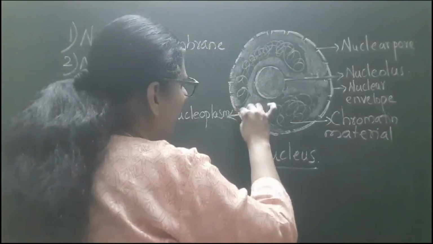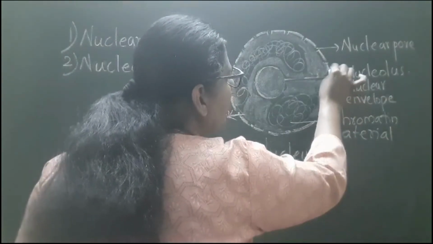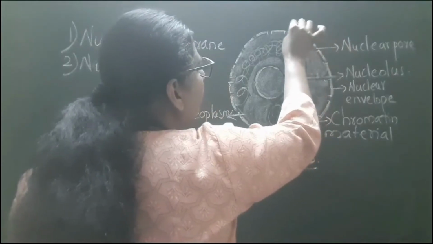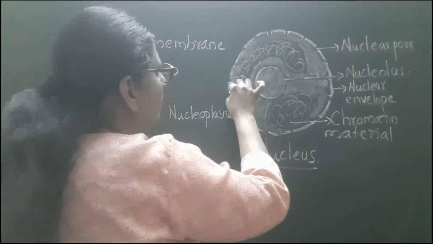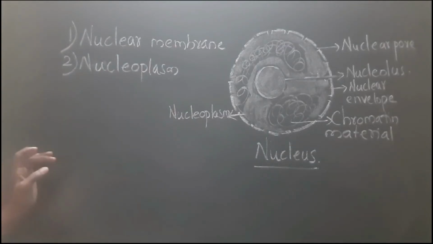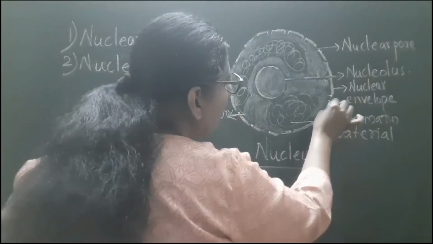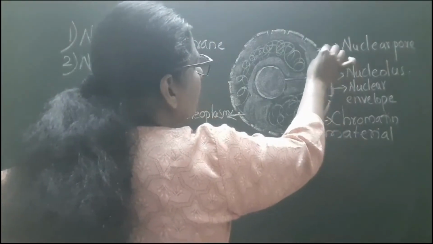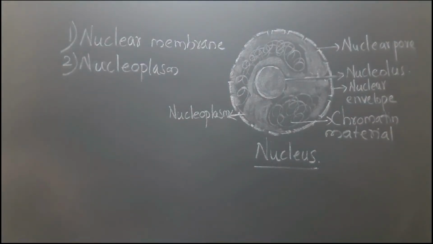This is called nuclear membrane. It is called the envelope of the nucleus. It has pores in it. It is a permeable membrane. It allows the substance to pass through.